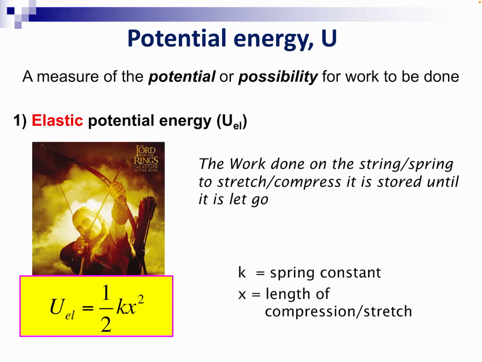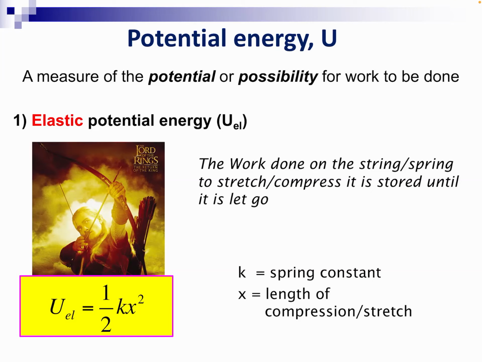For example, I have a bow and arrow here. When I stretch the elastic spring, I pull the elastic spring and pull the arrow backwards, I do work, right? Initially the arrow is in this position, it's not moving. If I pull it, I essentially do work on the arrow. It moved, so there's some work.